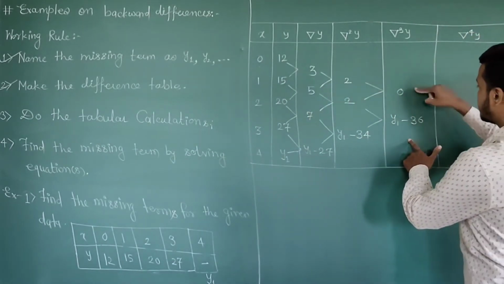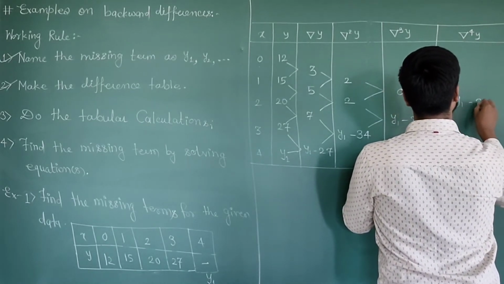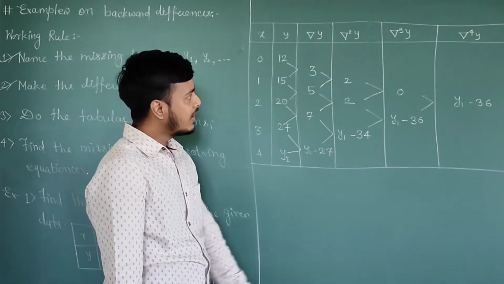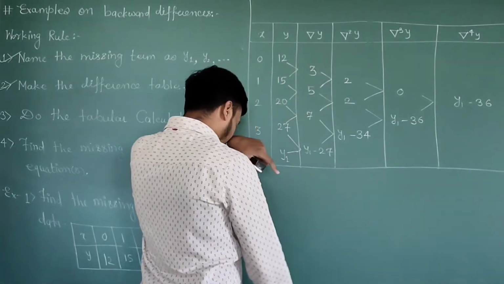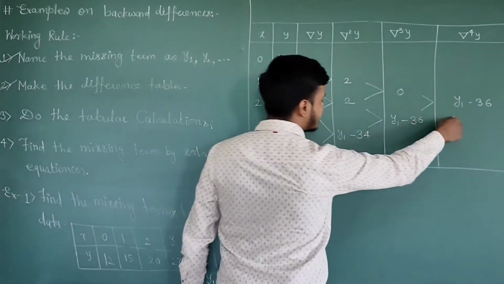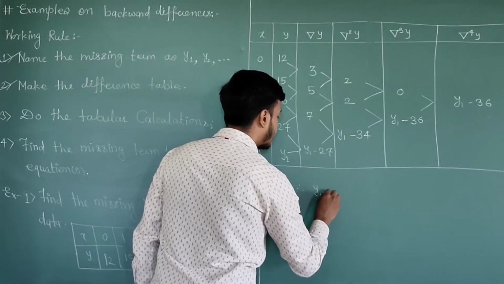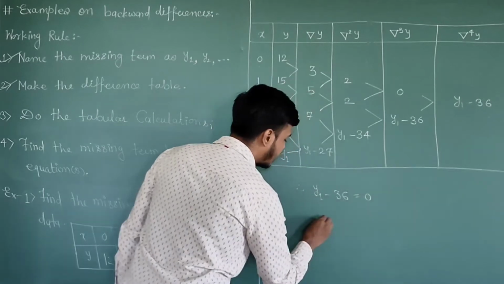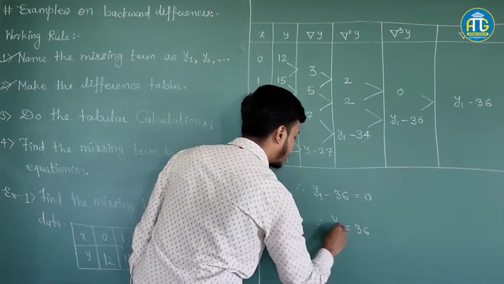The difference of this and this is nothing but y1 minus 36. Clear? Now no further differences are possible, so you can equate this to 0. Therefore y1 minus 36 is equal to 0. Therefore y1 is equal to 36.